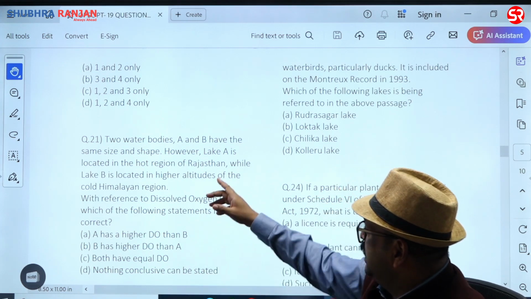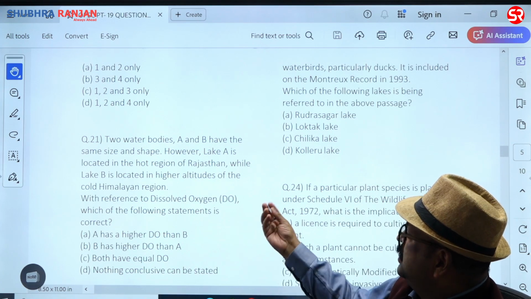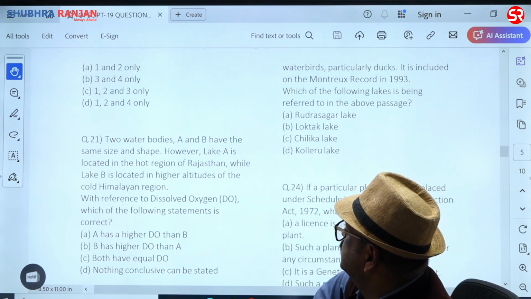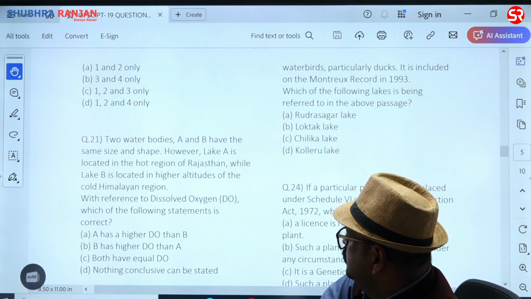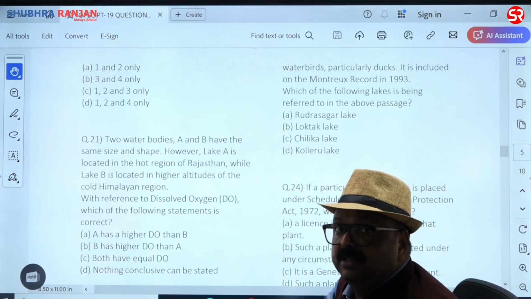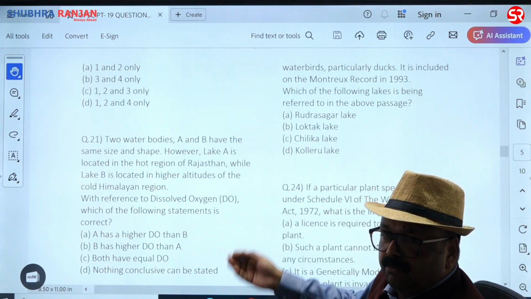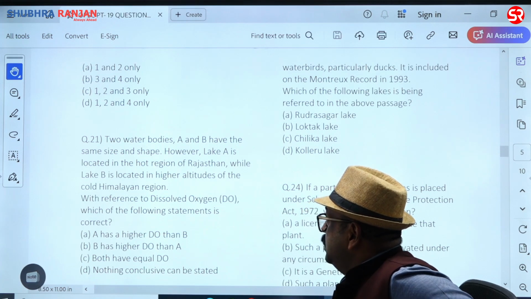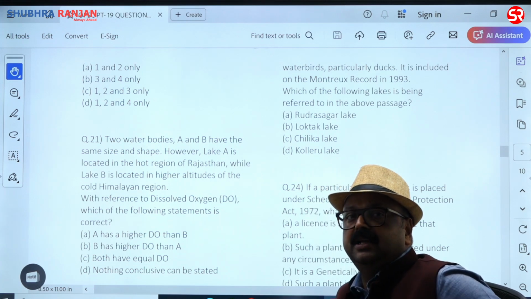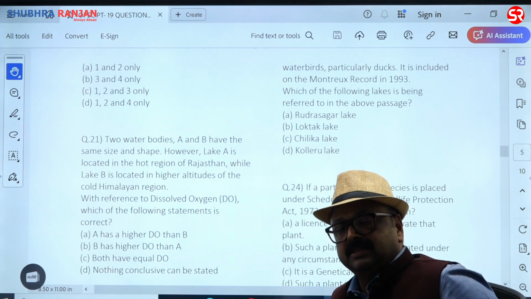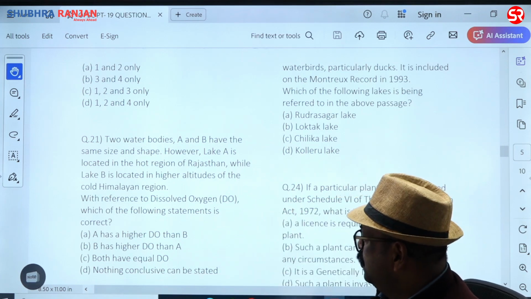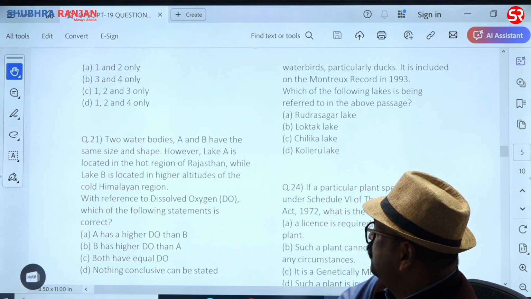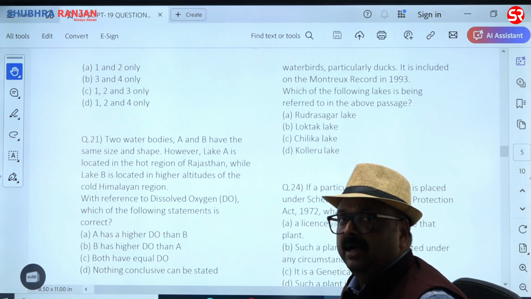If high temperature is there, obviously there will be more evaporation and less dissolved oxygen. But dissolved oxygen is also supplied by the photosynthetic organisms inside the water body, which is not clearly mentioned. So it is very difficult to zero in on which of A or B is going to have higher dissolved oxygen.